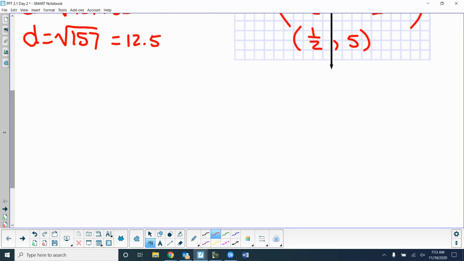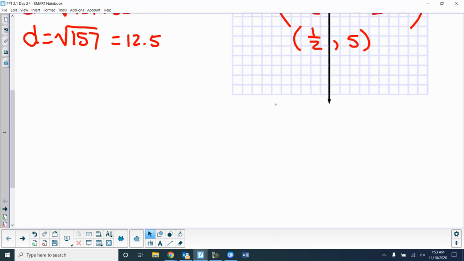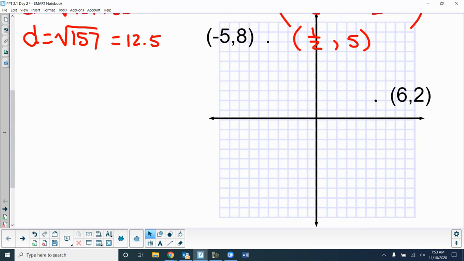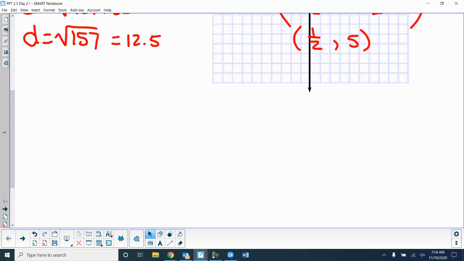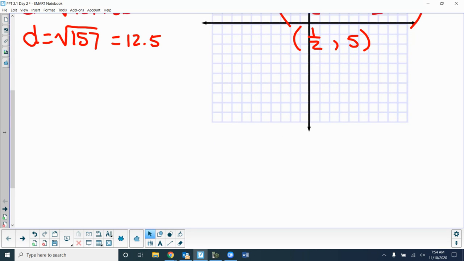Okay, so I'm just going to pull this graph down. Oh, I can't. I already put it on there, didn't I? All right. So I'll just get another one.